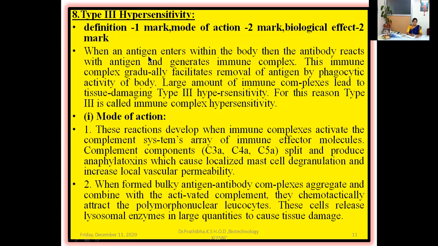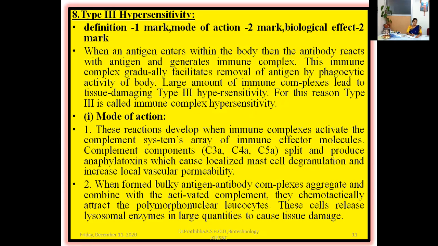So these antigens are basically antibody generators, responsible for the production of the specific antibody. This immune complex gradually facilitates removal of antigen by phagocytic activity of the body. A large amount of immune complexes leads to tissue damage, and that is type 3 hypersensitivity. For this reason, type 3 is called immune complex hypersensitivity.